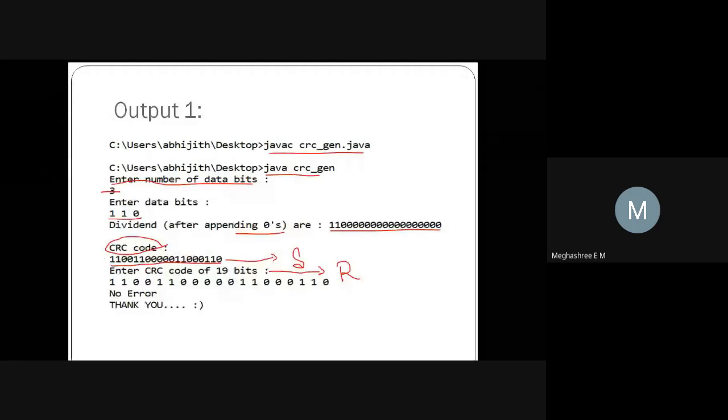I'm entering 1 1 0 0 1 1 0 0 0 0 0 0 0 0 0 1 1 0 0 1 and 0. Whatever the sender sends, that same thing I typed here. Since both the values match, the algorithm will find there are no errors.